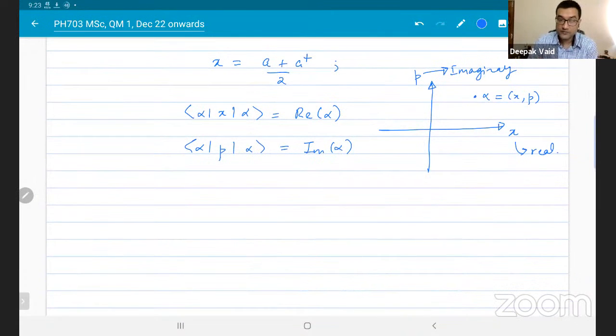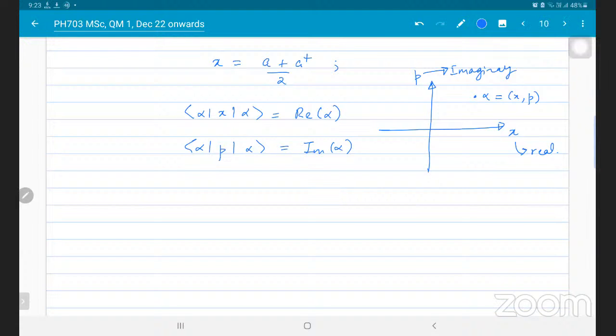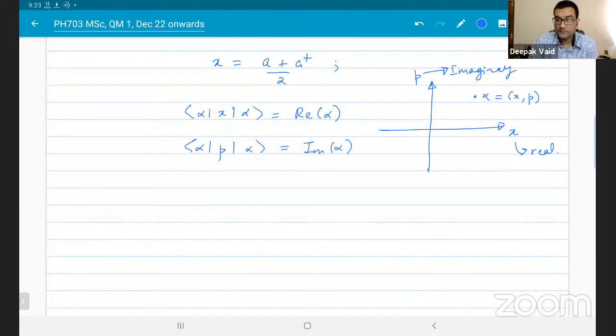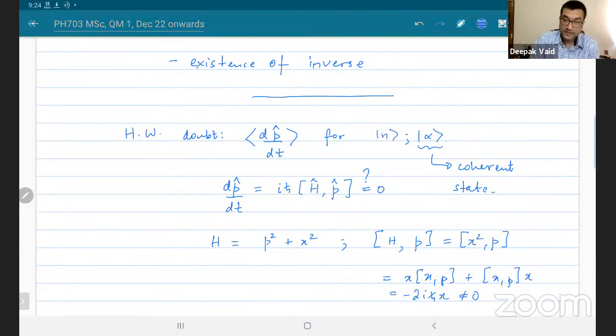And this makes sense because, if you remember, for a harmonic oscillator, the expectation value of momentum is 0. Why is it 0? It depends on the state in which you take the expectation value. If your state is an energy eigenstate, then it's 0. But if your state is a coherent state, is a coherent state an eigenstate of energy?